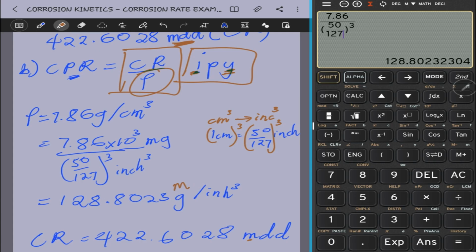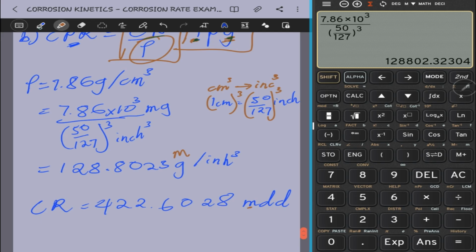So let's see what we have. So this is times 10 to the power 3, right? So this is what we get. So we end up with 128,802.32304, this 40 dB, right?